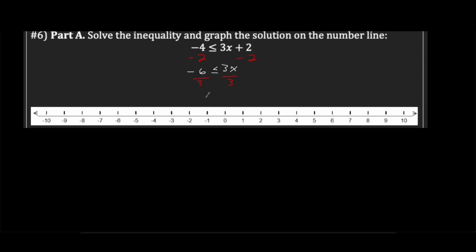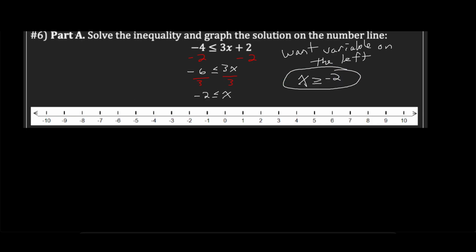And I'm going to say my inequality is negative 2 less than or equal to x. Make sure you rewrite it so you want the variable on the left, still saying that the x value is greater than, so x is greater than or equal to negative 2.